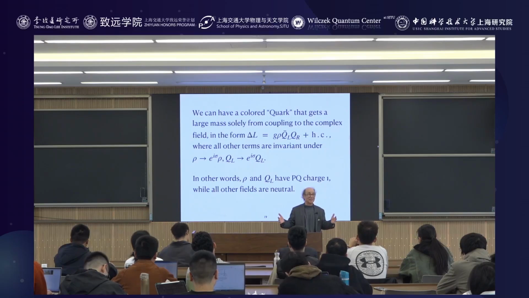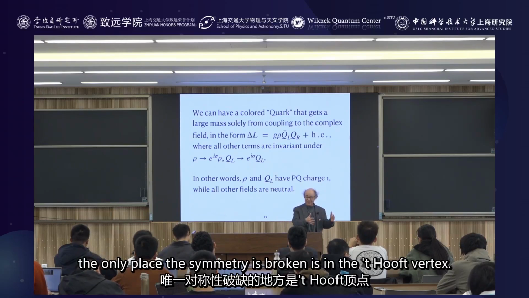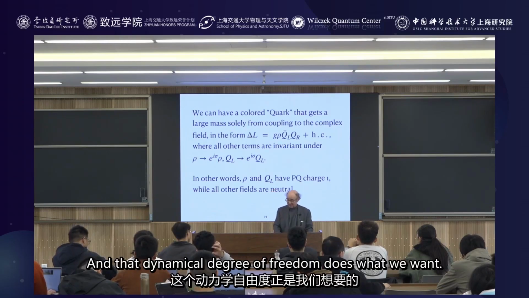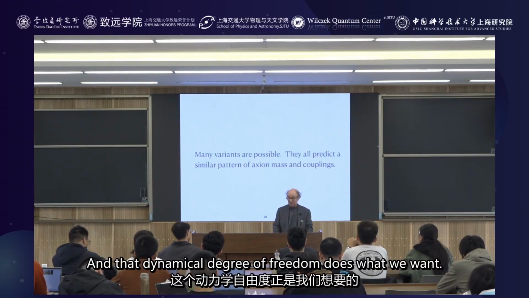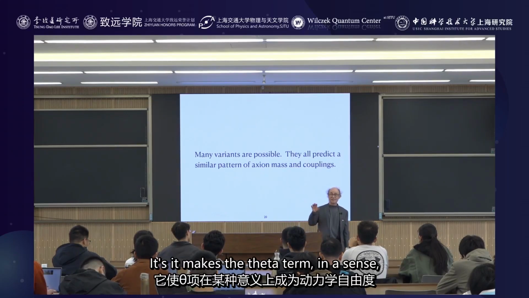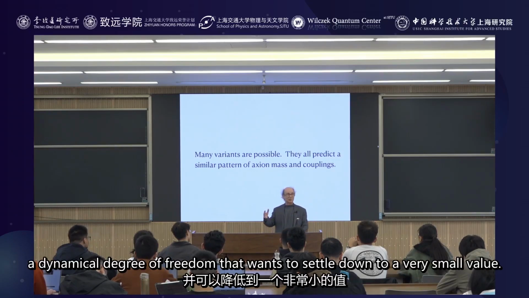Because of the symmetry. The only place the symmetry is broken is in the 't Hooft vertex, and so that dynamical degree of freedom does what we want. It makes the theta term, in a sense, a dynamical degree of freedom that wants to settle down to a very small value.